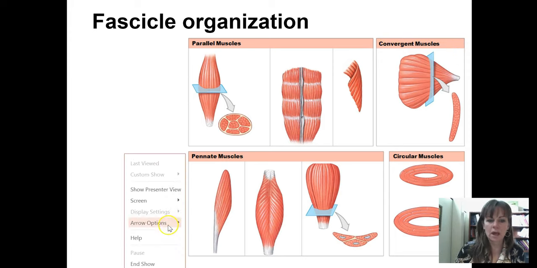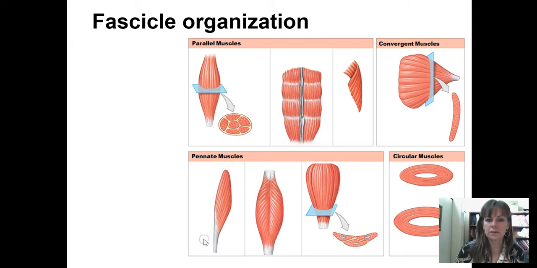A parallel muscle right here, this is where it's going parallel to the long axis of that muscle, and on either end is a tendon. So there's a tendon on one end, there's a tendon on the other. So they feed directly into that tendon.